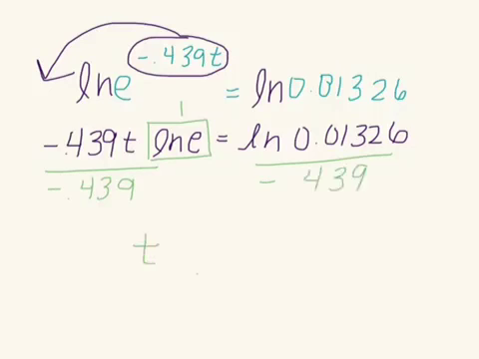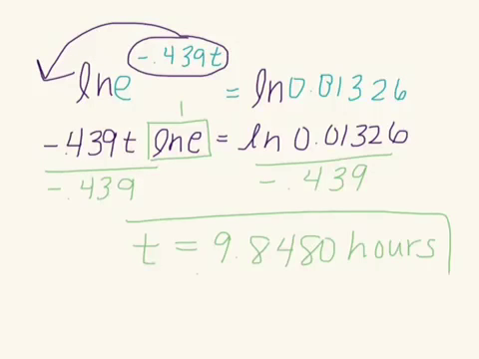And so we end up with t equals, when we put that in our calculator, we get 9.8480. And time in this equation is in hours. So it takes us 9.848 hours to have 700 grams of our bacteria.